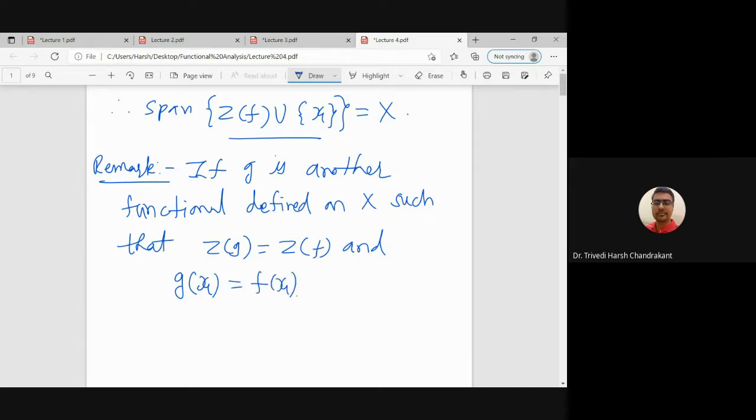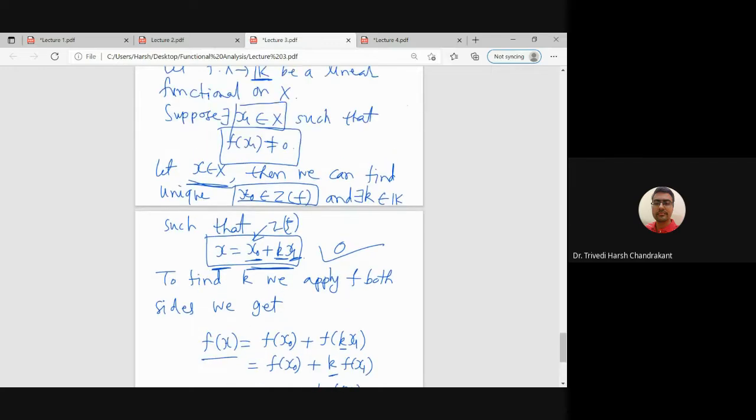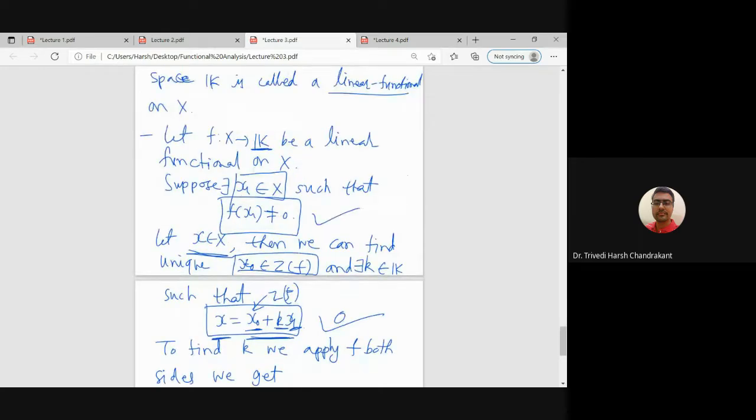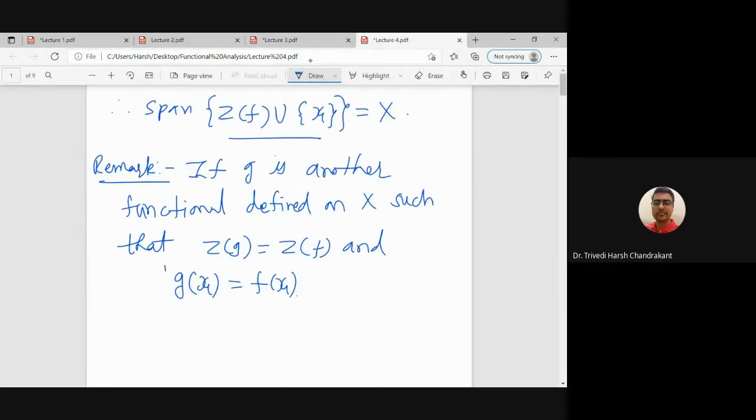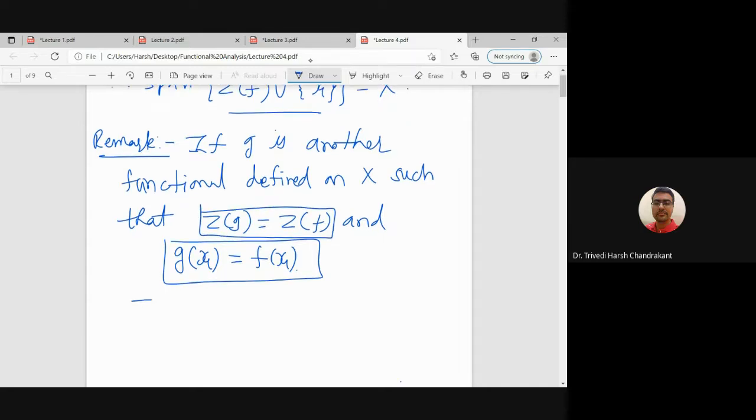What is x1? x1 is the fixed point where F is non-zero. At this point, if G also takes the same value and the null spaces of F and G are the same, then F equals G.